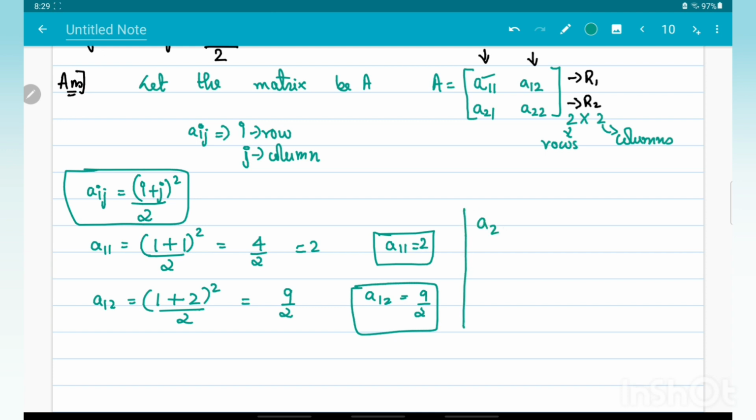Similarly, A21 is second row and first column, that is, 2 is your i and 1 is your j. This also becomes 9 by 2. So A21 is 9 by 2 again, and A22 is, 2 is i, 2 is j.